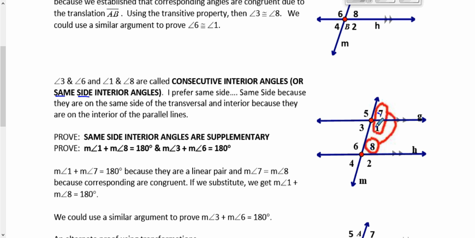What angle pair is that? They form a line. So they are a linear pair, which means that they add to 180. They're supplementary, right? Right? So if 7's congruent to 8, right, and 7 plus 1 adds to 180, what can you tell me about 7 and 8?